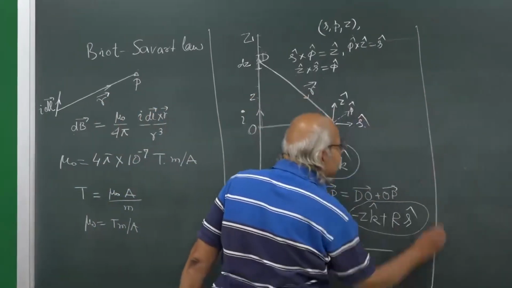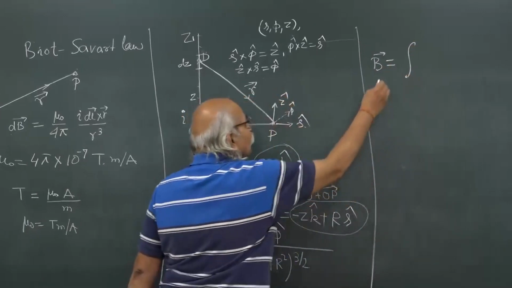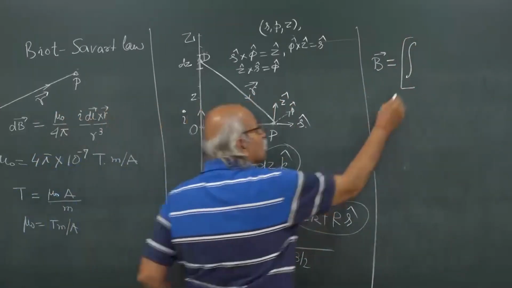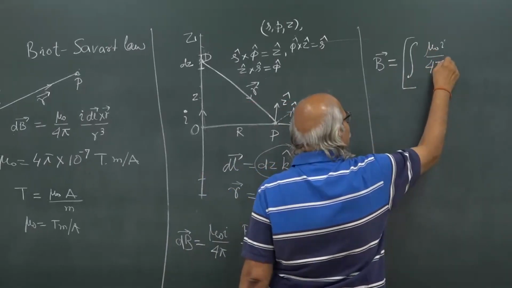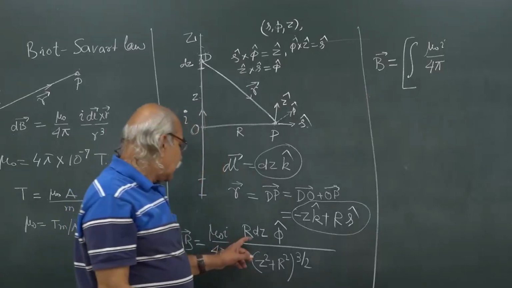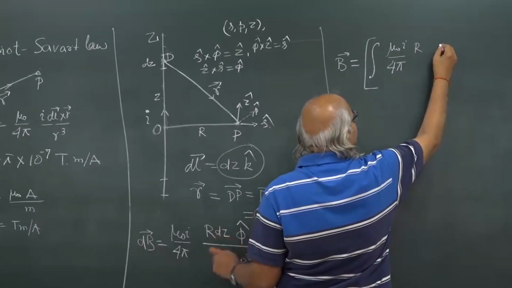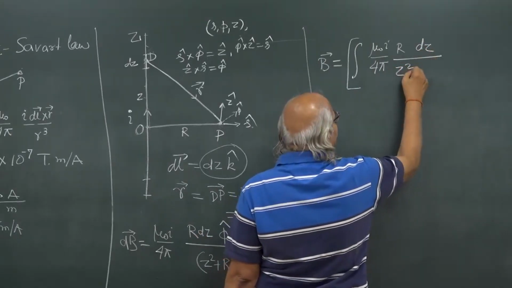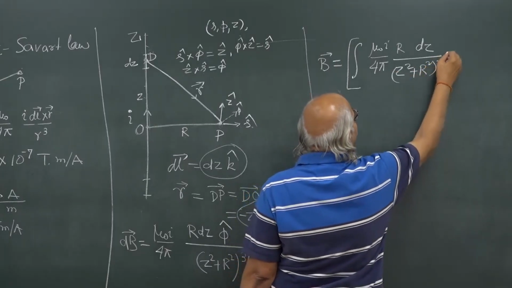And therefore I can write this B as the integration of mu naught I by 4 pi, capital R, dz, and then z square plus r square to the power 3 by 2, and phi cap.